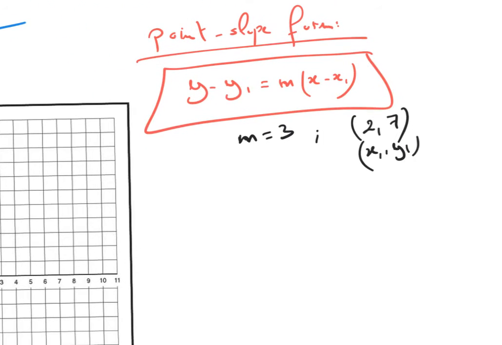So we can plug the slope and the point in. We're going to have y minus y1, which is 7, equals m, which is 3, times x minus x1, which is 2.